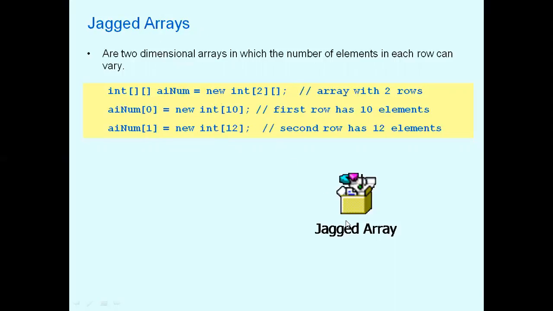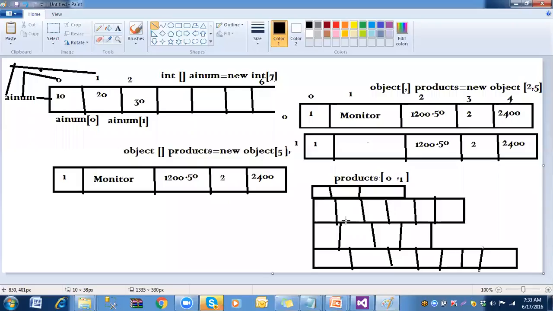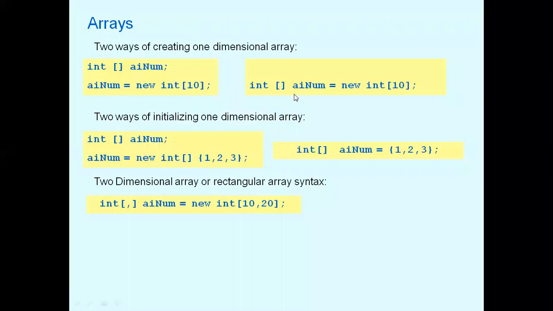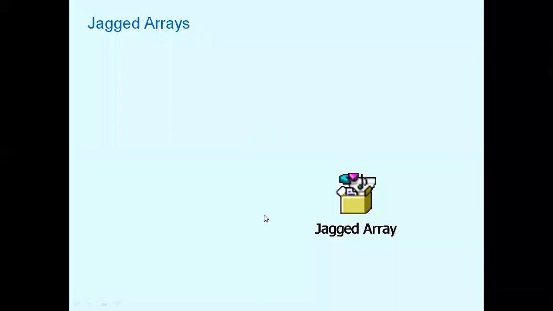So this is only depending on the conditions where we are wasting the cells. Instead of wasting the cells, we are going to use the memory locations efficiently by using a zigzag array. Okay. So totally C# has three types of arrays. One is one-dimensional, the other one is two-dimensional, and the other one is jagged array.